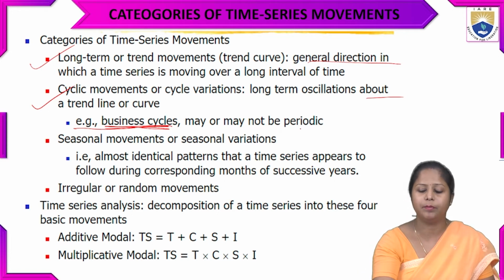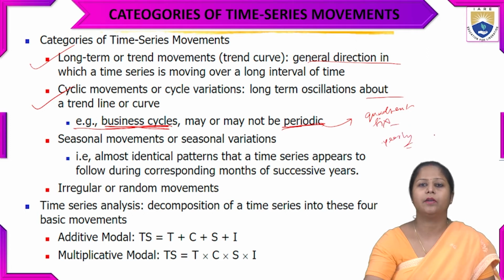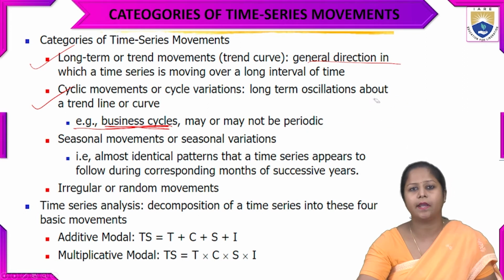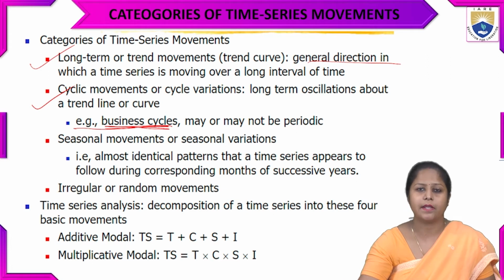It will depend on whether it is quarterly, six-monthly or yearly, so that depends on the business user. That can be periodic, or sometimes not periodic, but the cyclic movements and cyclic variations will be long term, based on a long-term interval.